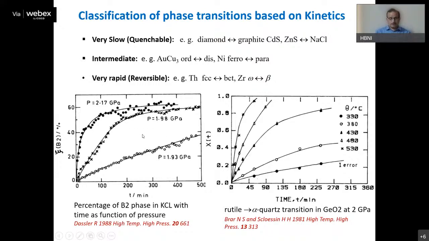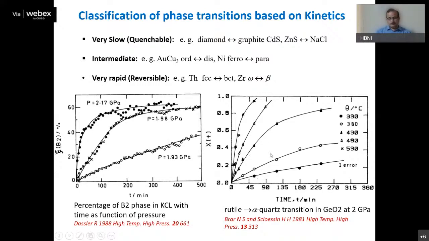And at the same time, there are other studies where people have shown that with temperature also, you can tune the kinetics of the phase transition. For example, here at lower temperatures, at 330 degrees centigrade, you have this curve for the kinetics. At very high temperatures like 530, you have this kind of kinetics. This is in case of GeO2 at certain constant pressures.